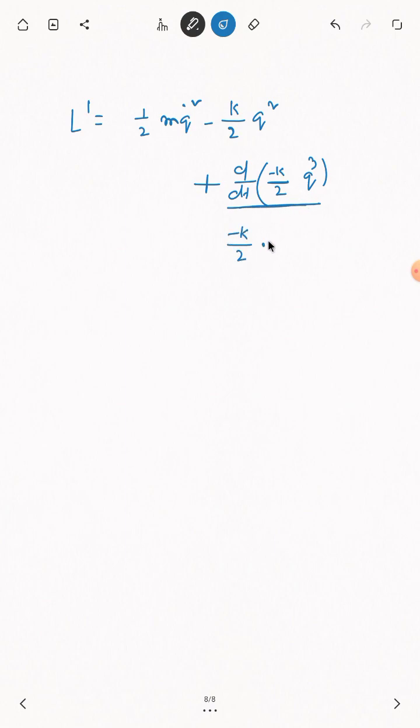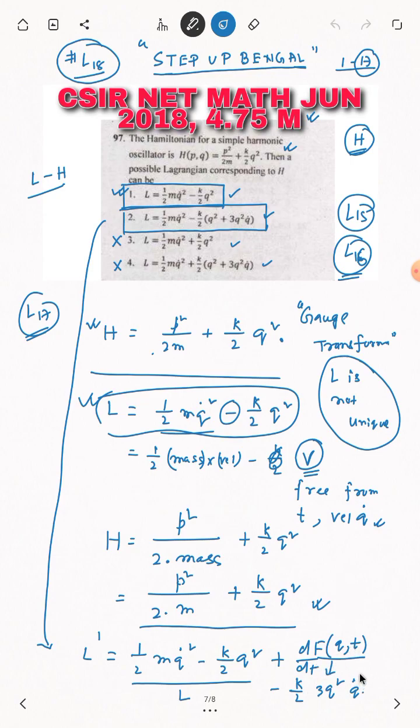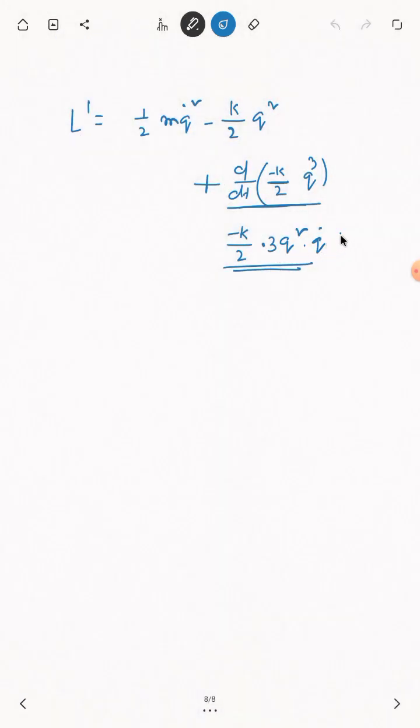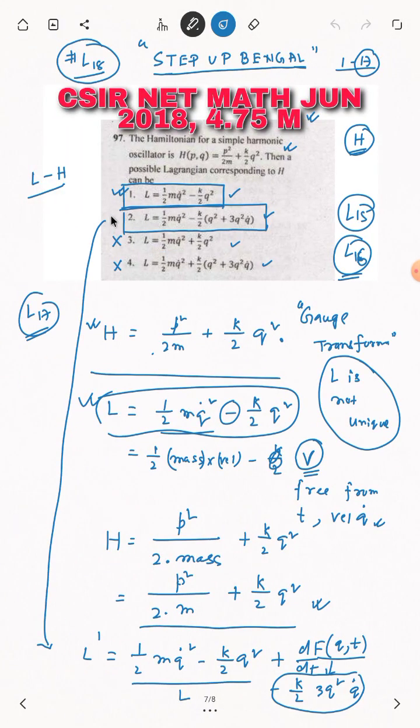Minus k by 2 into 3 into q square into q dot. This should be in the last expression. Is it there? Yes. Minus k by 2 3 q square q dot. We have already arrived at that. So the second option by gauge transformation will also be true. So the final answer will be 1 and 2 by gauge transformation.